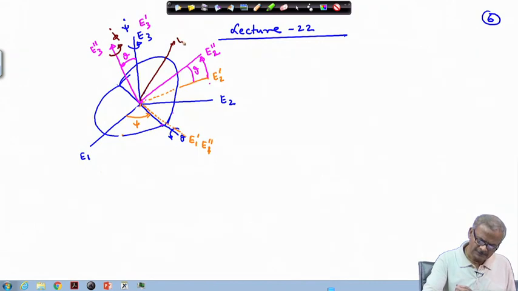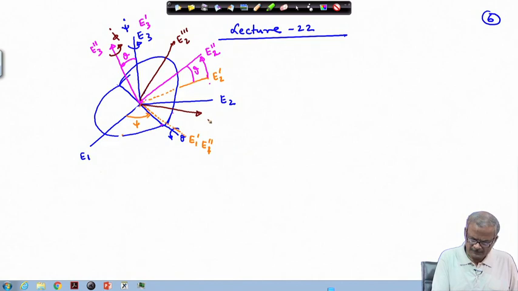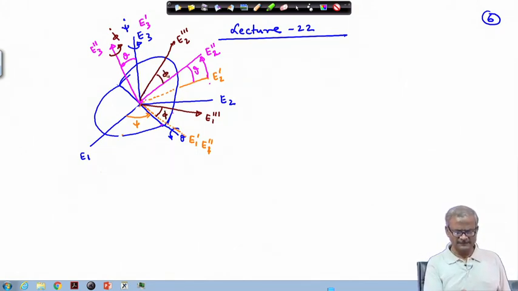So, this is your E 2 triple prime, and this will also rotate, and this comes here to this point, E 1 triple prime. So, this angle is your angle phi. So, you can see in which plane they are lying.